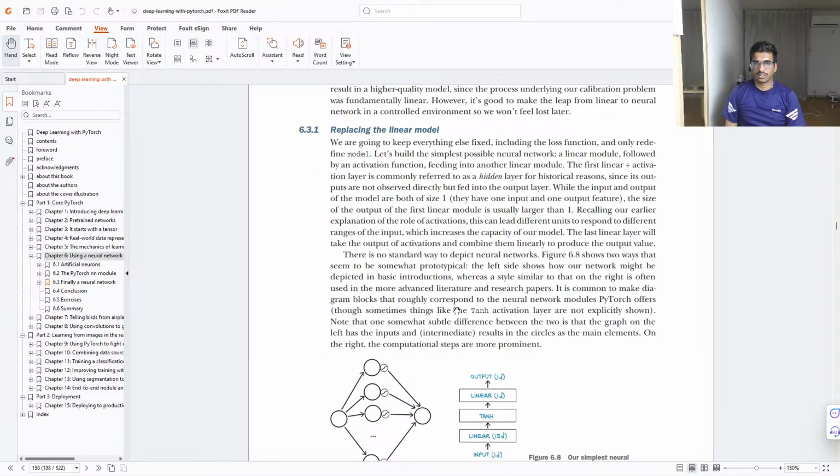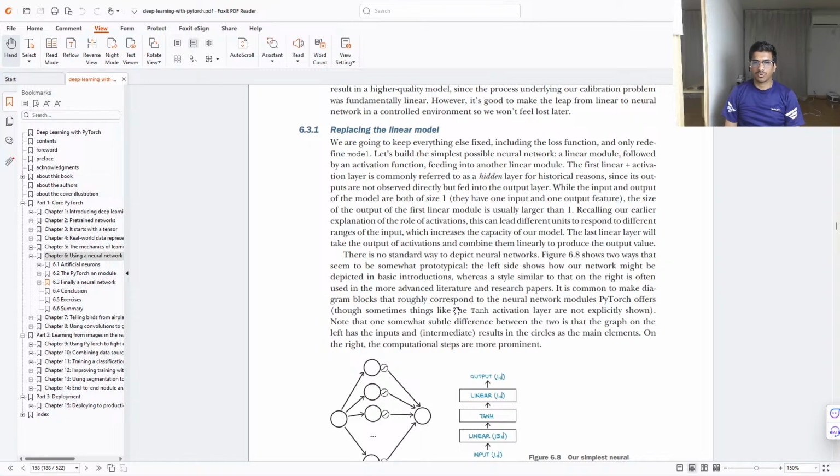and only redefine the model. Let's build the simplest possible neural network: a linear model followed by an activation function, feeding into another linear model. The first linear and the activation layer is commonly referred to as a hidden layer for historical reasons, since its outputs are not observed directly but fed into the output layer.